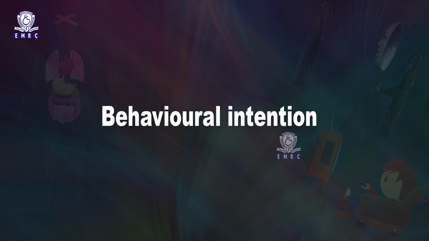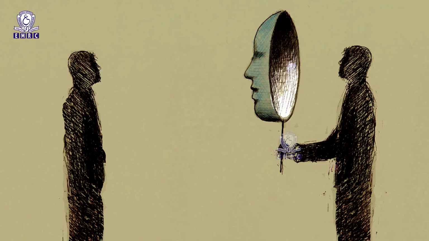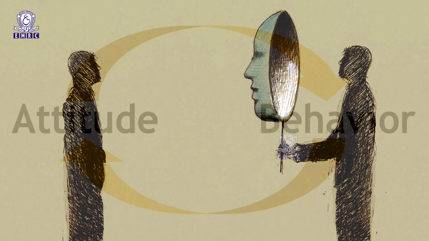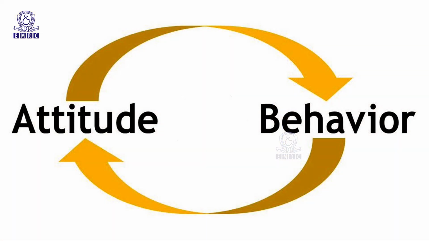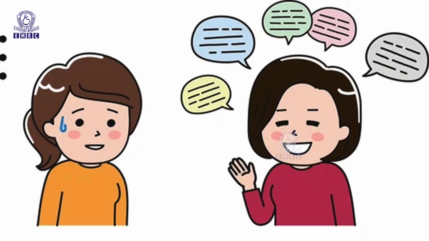Then we talk about behavioral intention. Behavioral intention means the person's ability or capability to intend to perform a particular behavior. It is found to predict the behavior. It is rather considered as the function of both attitudes and behavioral norms. For example, Radha is a kind of talkative person.